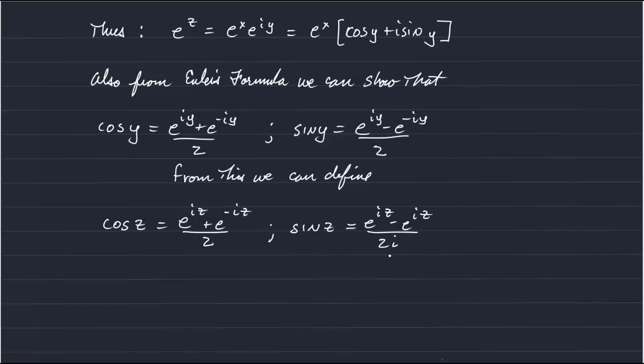And I'm noticing I forgot the i above, so we need an i right here in the denominator for the definition of the sine function, but not for the cosine function. We just have a 2 in the denominator there.